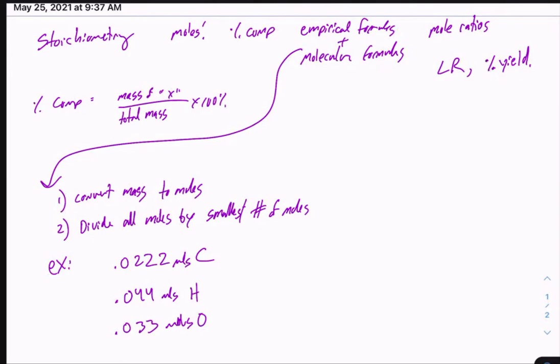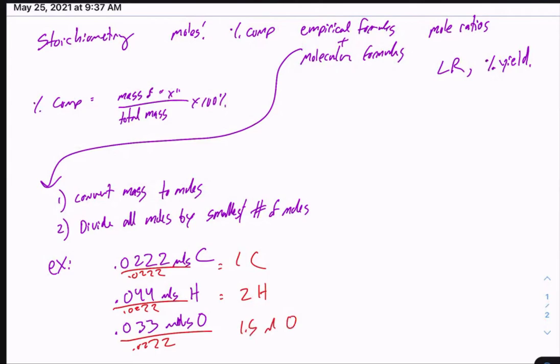Now let's divide them all by whatever is the lowest number, which is going to be 0.022 clearly, right? 0.022, 0.022, 0.022. All right, so 1 carbon, 2 H's, and 3 halves, or 1.5 moles of oxygen.